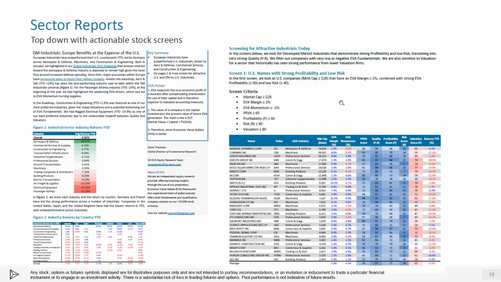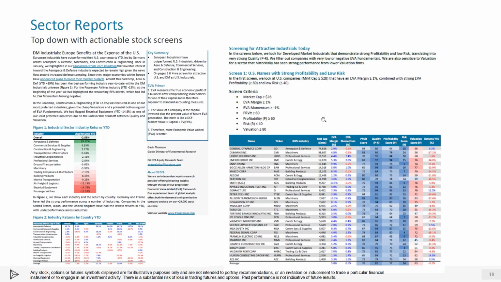So not just within the aerospace and defense industry, but also thinking across the board within industrials, where to potentially look to get exposure across Europe, but also which US names had come back a little bit, which were beginning to look a bit more attractive from a valuation perspective, given the pullback we saw earlier in the year with the US market.